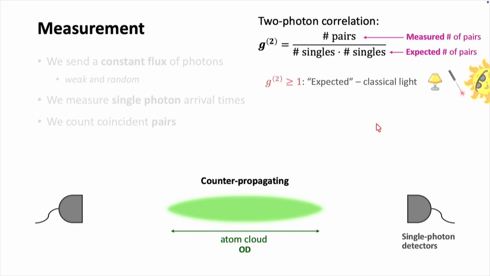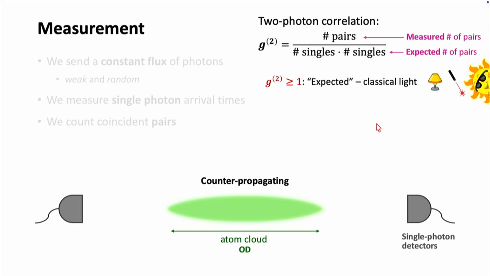So now, for any typical light source, the sun or even a laser pointer, this ratio will be greater or equal to 1, meaning we either get exactly the number of photons that we expected or maybe even more. So in general, for any classical light source, photons tend to arrive together.